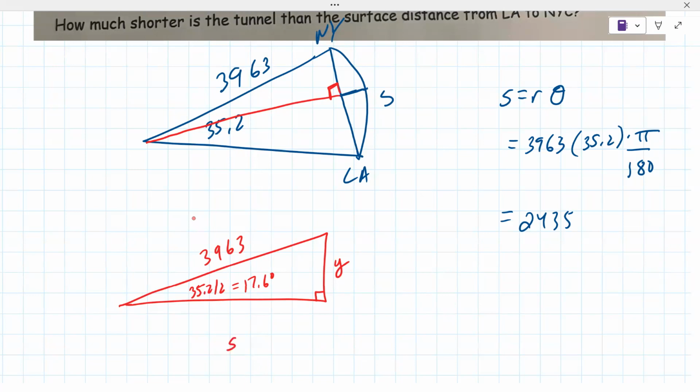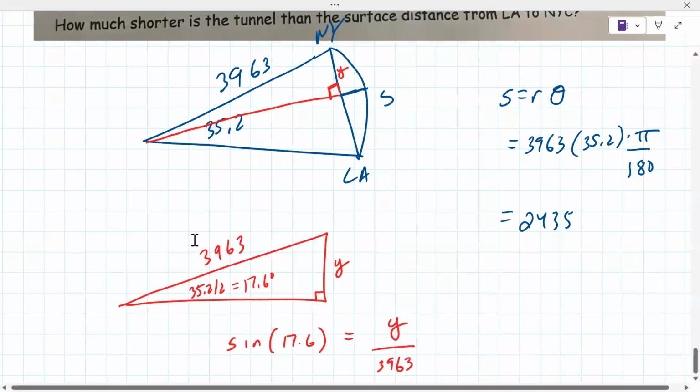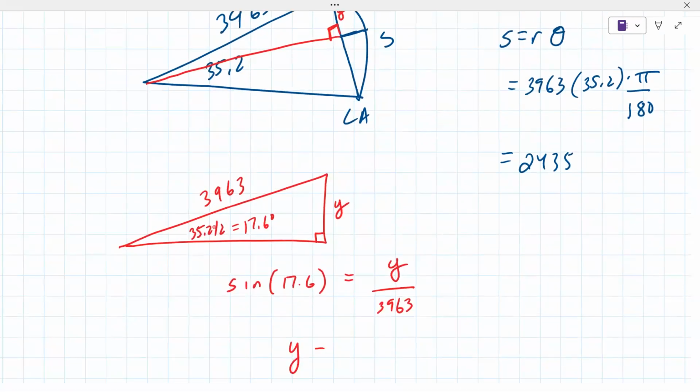So it's the sine of 17.6 equals Y over 3963. So this is Y, by the way. Y equals 3963 sine 17.6.